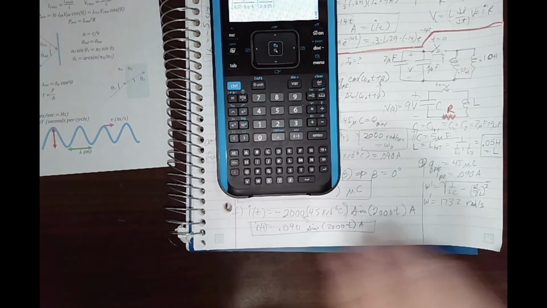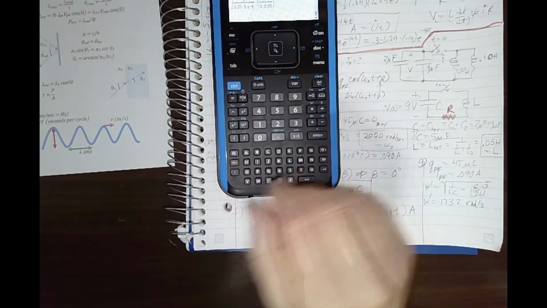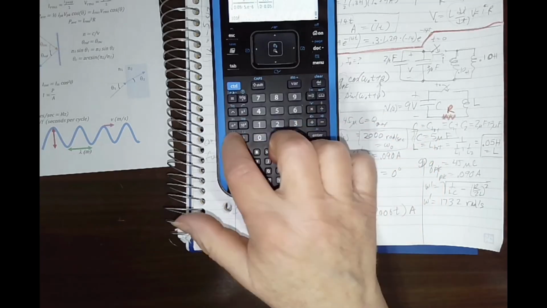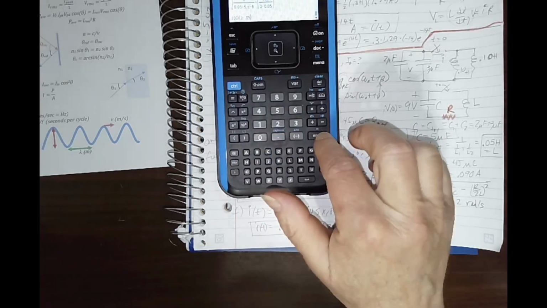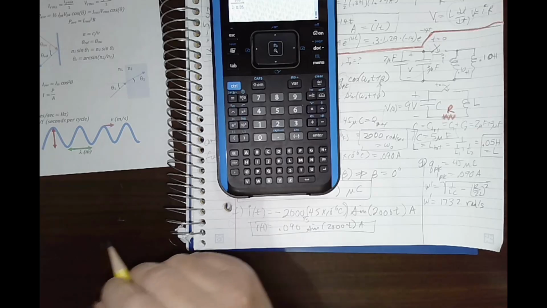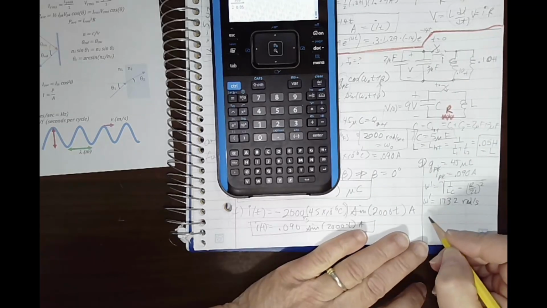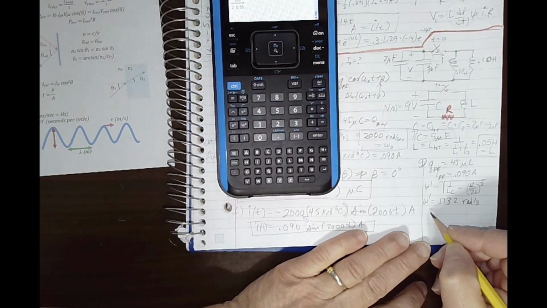So it's not 1 over that, it's just that. R was 100 now, divided by 2 times 0.05, so that is 1,000. So the coefficient of t in the exponential is 1,000.